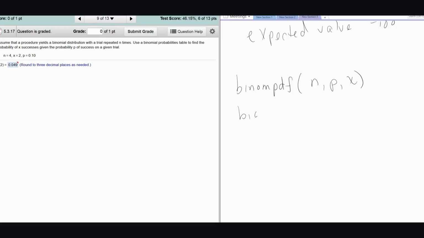So here we'll do binomPDF of 4, comma, 0.10, comma, 2.